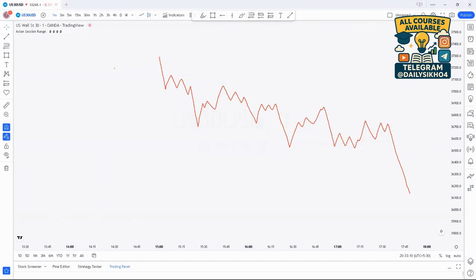Starting from this point, if this is the low, which will be the lower high? The second one. Okay, this is the lower high.